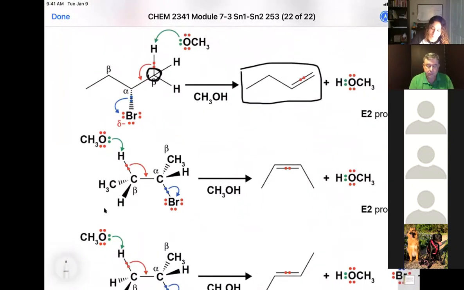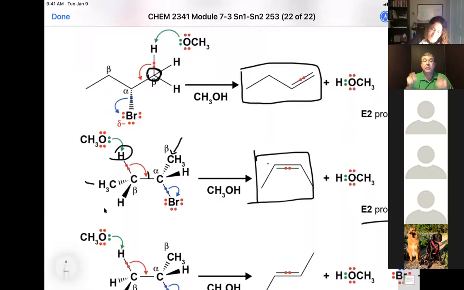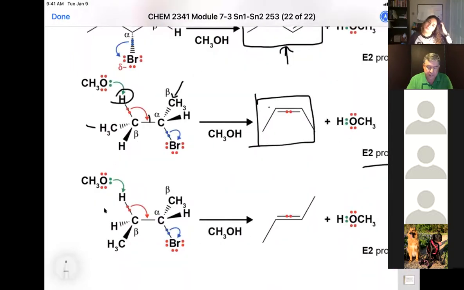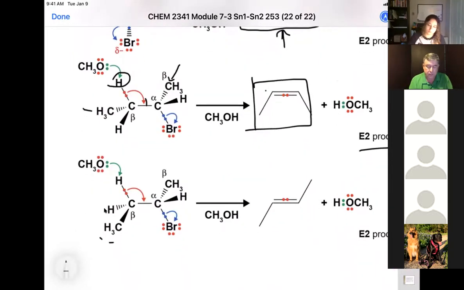In one configuration where you have the 2 methyl groups on the same side, you can deprotonate here, form your double bond, and end up with this cis product. It's an E2 product that's more thermodynamically stable than this product here, but I think we can do better. If we rotate that bond around so that these methyl groups are on opposite sides of each other and pull off the beta hydrogen on the secondary carbon, we end up with the trans product.